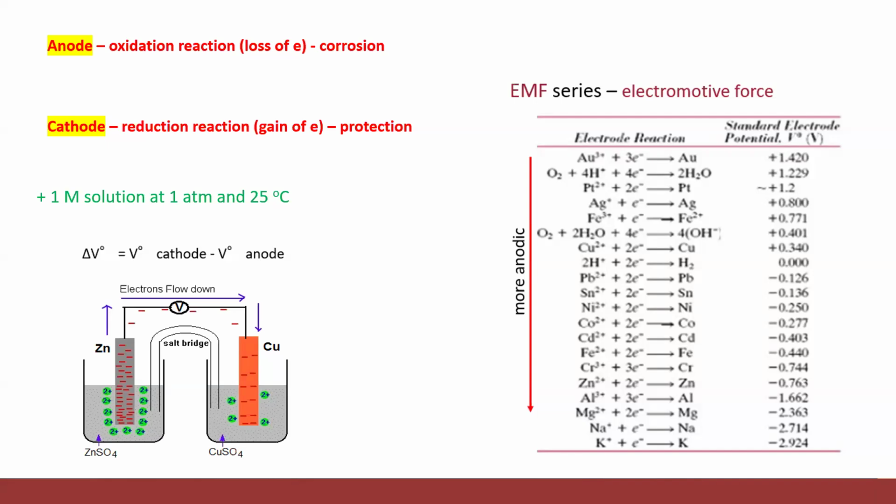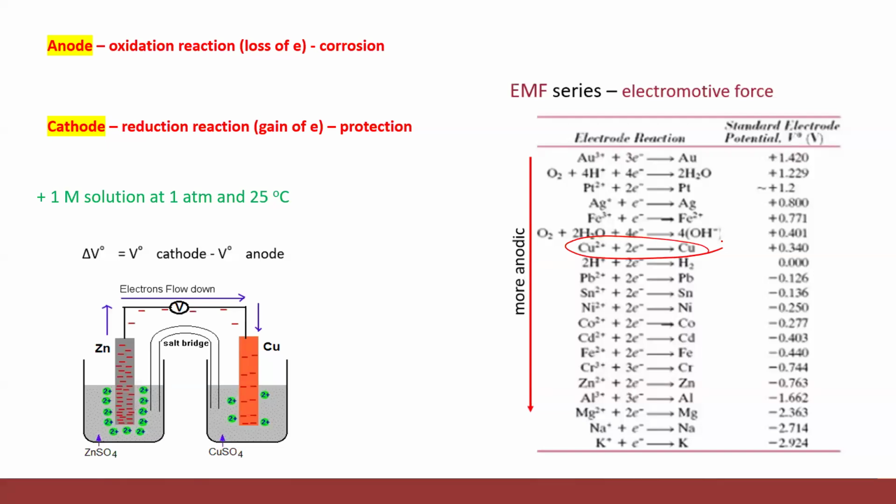Without knowing which one is the cathode or which one is the anode, we won't be able to write the reactions. We can't say a metal is always one or the other. For example, you can't say copper is always acting as a cathode or always acting as an anode. Depending on the other metal, sometimes copper will become the anode, sometimes the cathode.